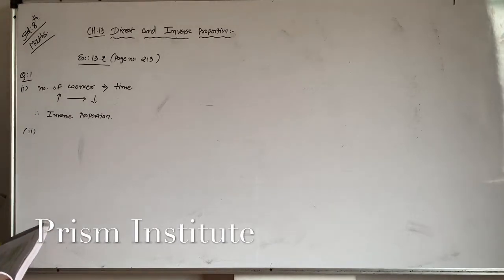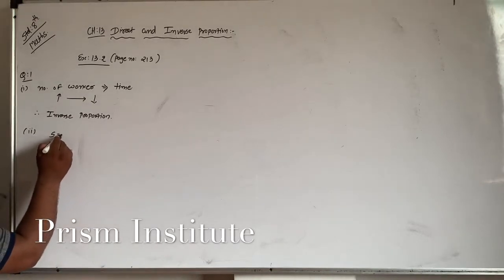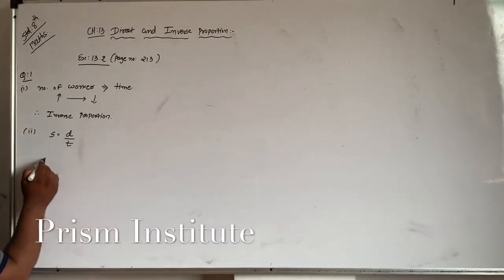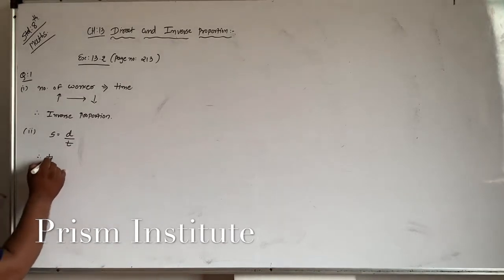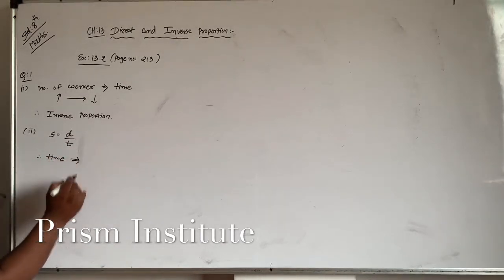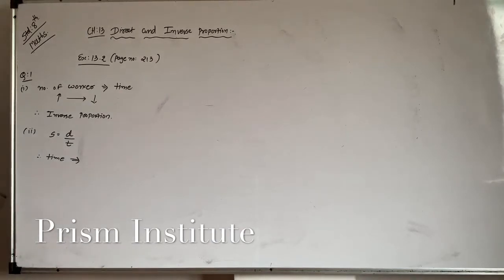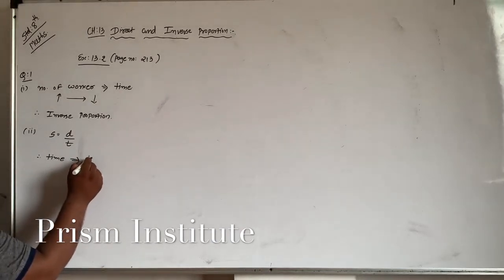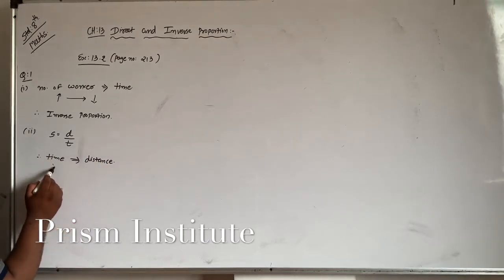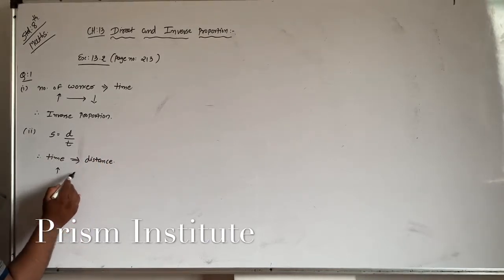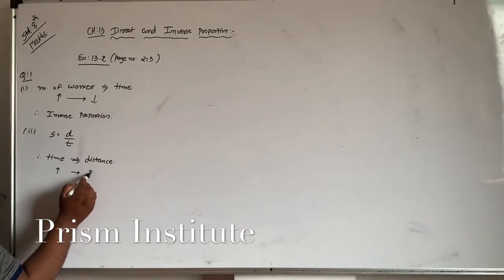the time taken for a journey and the distance traveled in a uniform speed. Now speed is equal to distance upon time. Now your question is the relation between time and the distance traveled in a uniform speed. Now if time is increased, we know that at that time distance also increases.